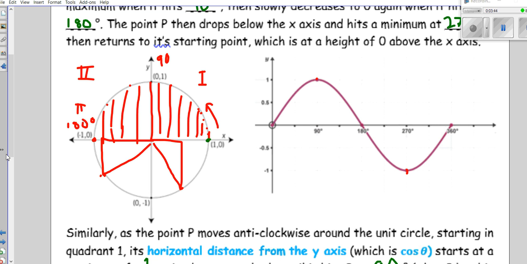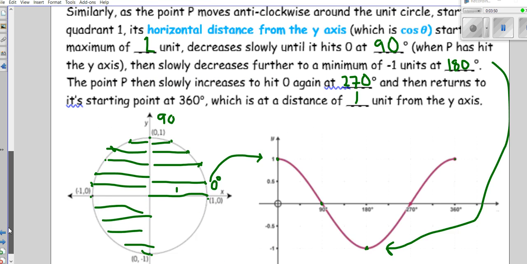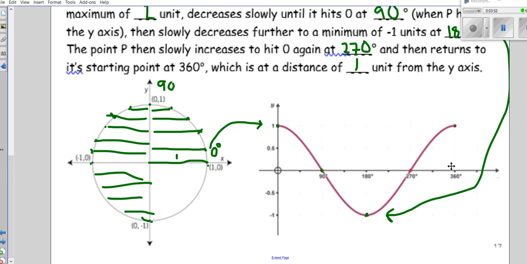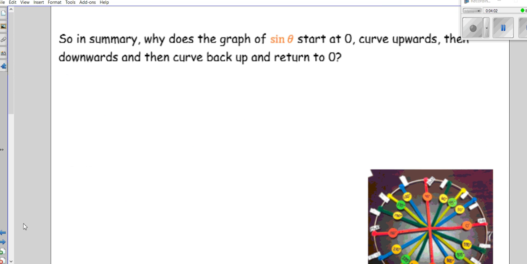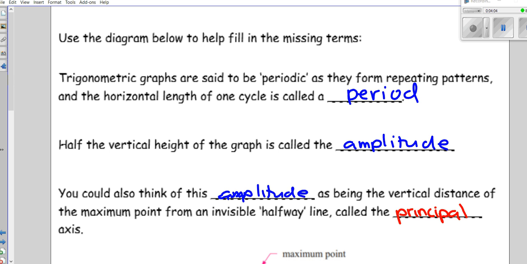Good. Or if it was in radians? 2 pi, yep, 2 pi radians. Same thing for a cos. What would its period be for a regular cos x? 360. Good. And in radians? 2 pi radians, yep.